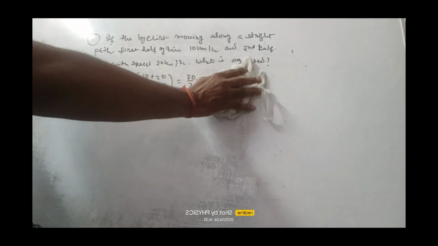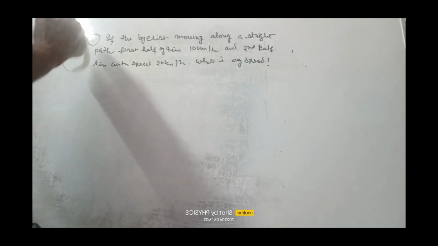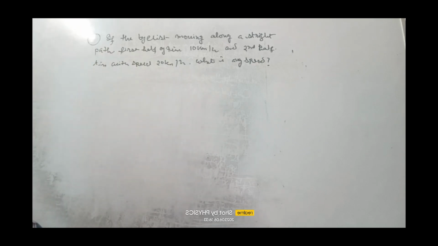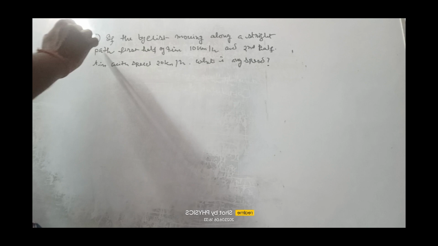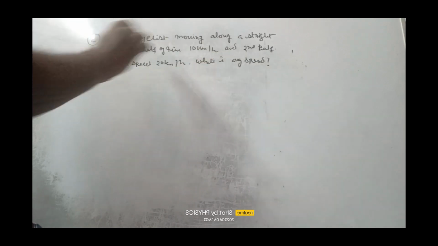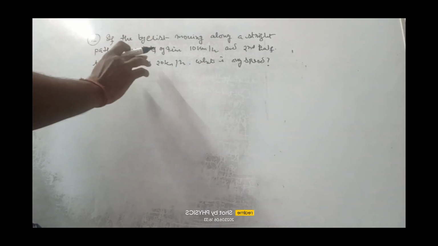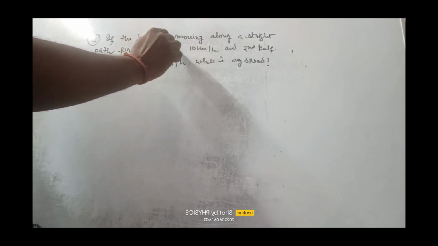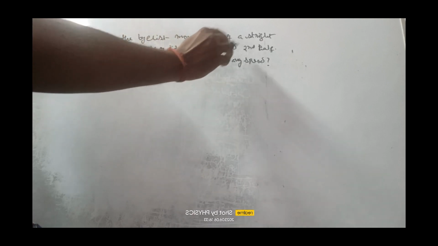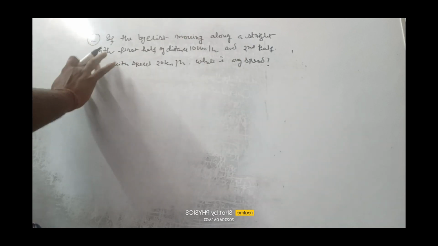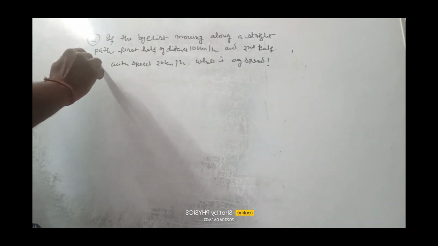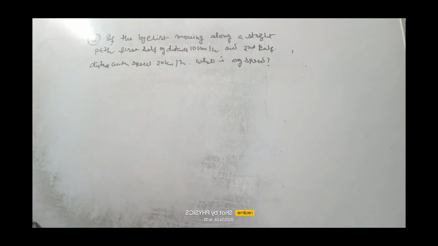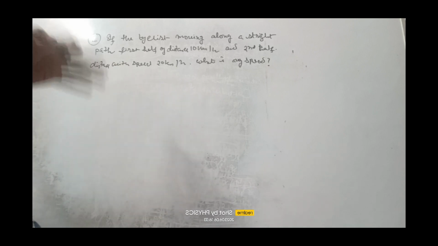Now change it to the second problem. If the bicycle is moving along a straight path, first half distance at 10 km per hour, and second half distance with the speed of 20 km per hour. Now it's changed into the half distance.